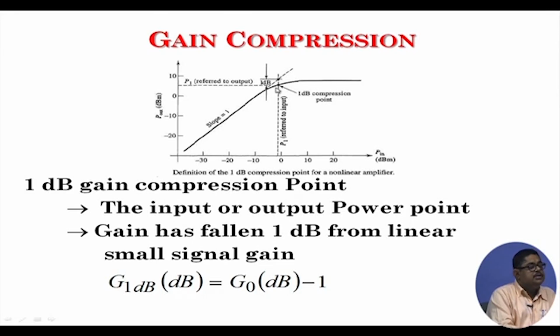When it starts deviating from the normal, we can say it is becoming nonlinear, the transfer characteristic is no more linear. Now, where will I say that it has become nonlinear, here or here or here?